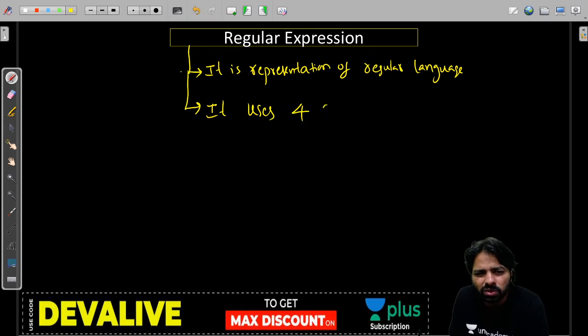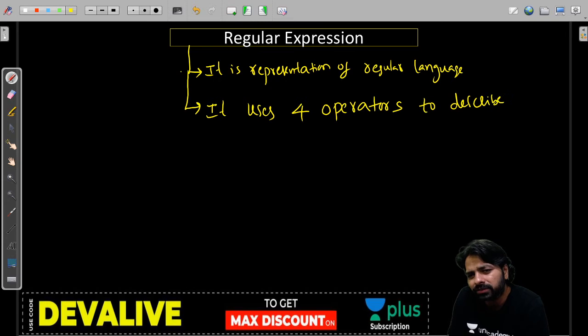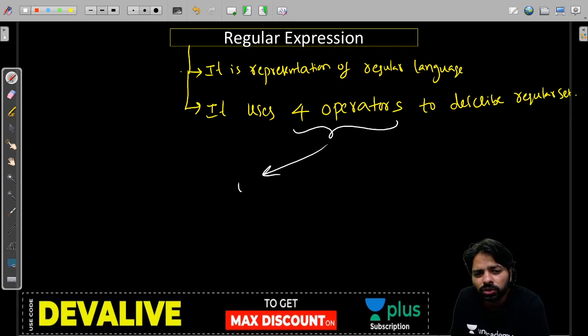You can say 3 also, but in detail you can say 4 operators. If you want to describe a regular language or regular set, you require 4 operators. And what are those 4 operators? We have unary and binary: 2 unary and 2 binary.